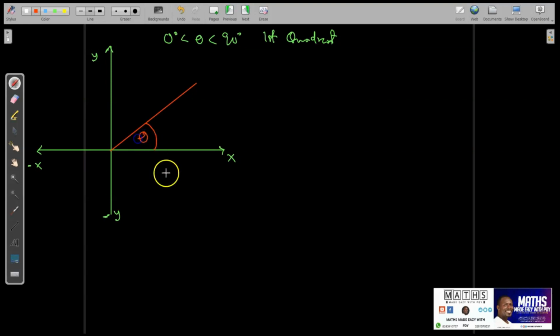The angle is theta. Now the right angle has been introduced towards the positive x-axis.